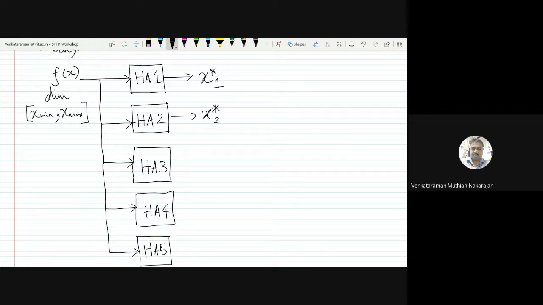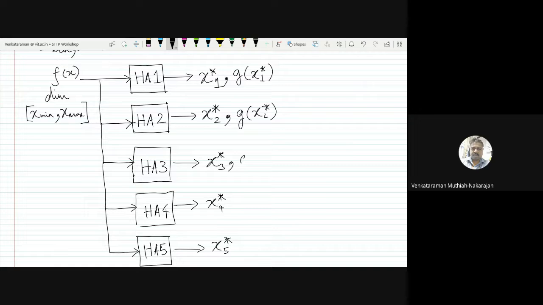Each of them is a location of the individual global best. And each of them will also provide you with a global best value, f here.